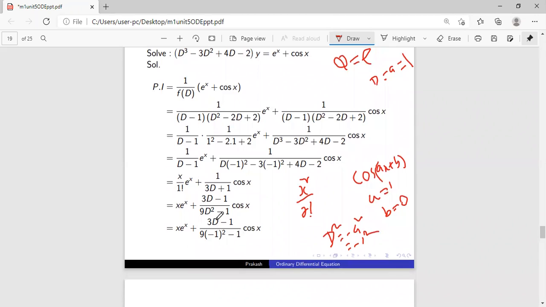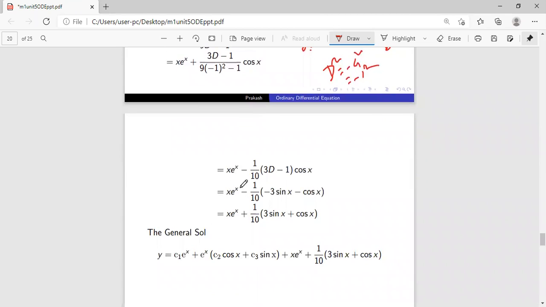Here I am multiplying numerator and denominator by the conjugate. The conjugate of 3D + 1 is 3D - 1.